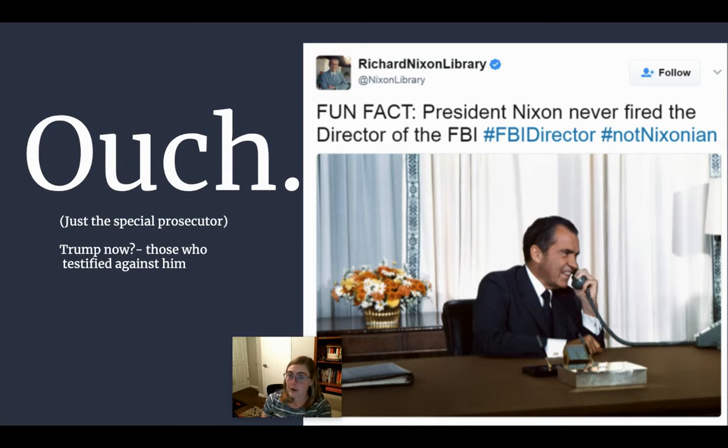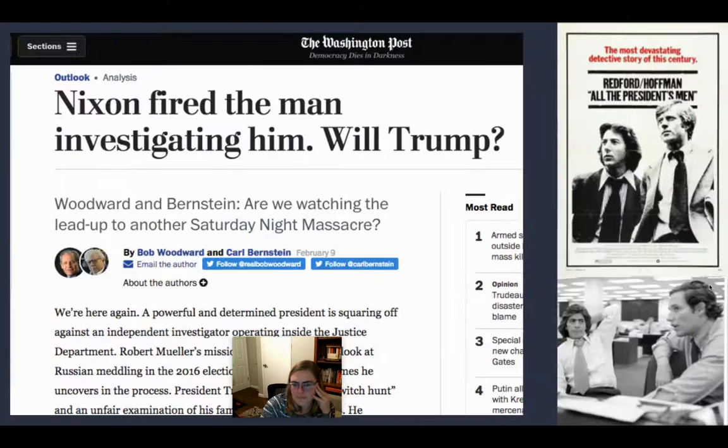And the Nixon Library actually responded and did not like this comparison and said, fun fact, President Nixon never fired the director of the FBI, which is what Trump had done when he fired Comey in 2017. And so they don't like this comparison to what's happening with the president. But Nixon did not fire the head of the FBI, just the special prosecutor, which we're going to get into. Trump now does not just fire the FBI head. He also fires anybody who testifies against him or speaks out against him.